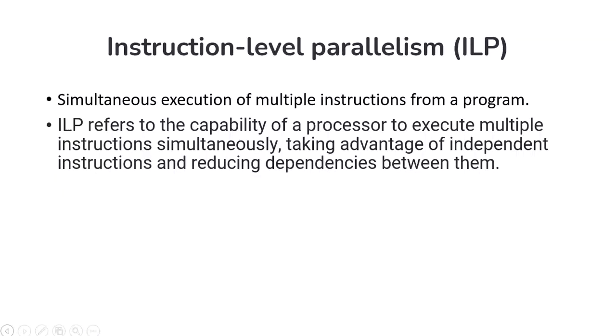Now, the second is instruction level parallelism: simultaneous execution of multiple instructions from a program. Instruction level parallelism, or ILP, refers to the capability of a processor to execute multiple instructions simultaneously, taking advantage of independent instructions and reducing dependencies between them.